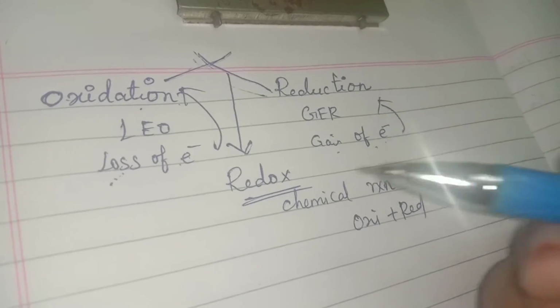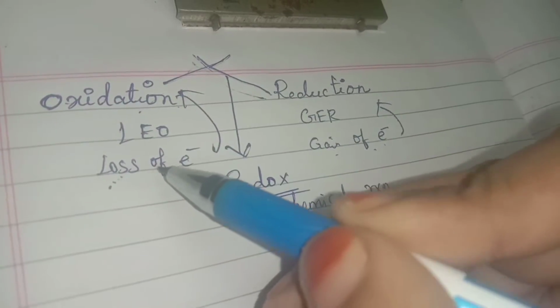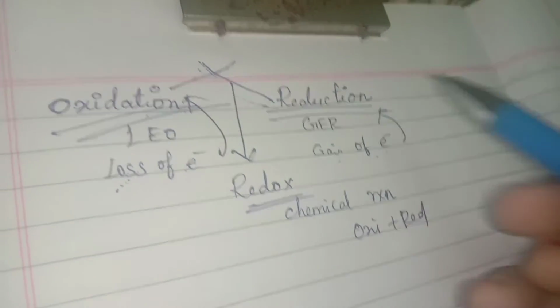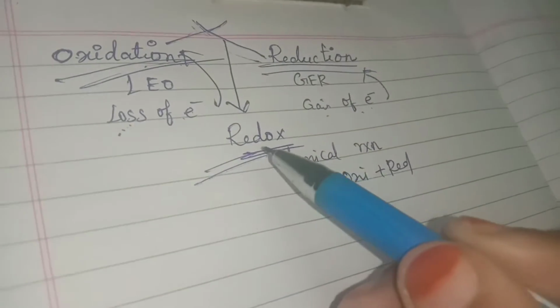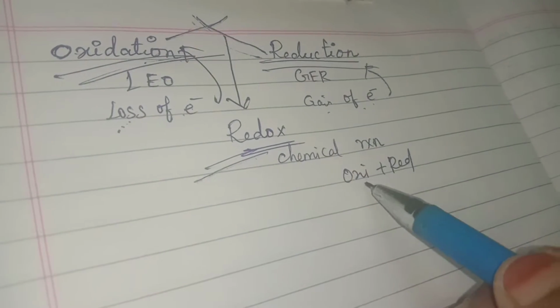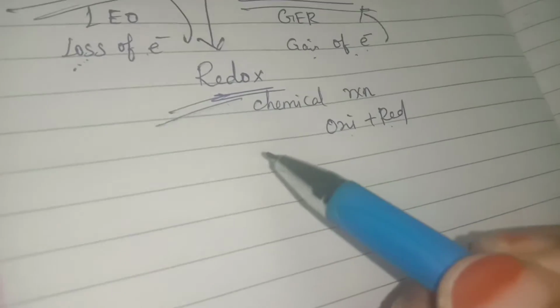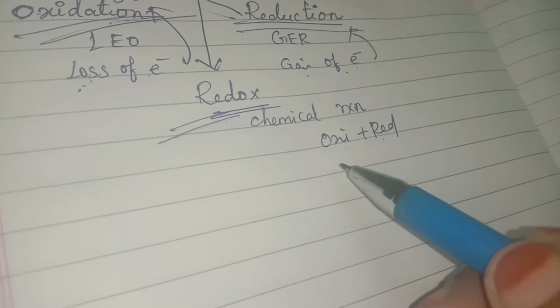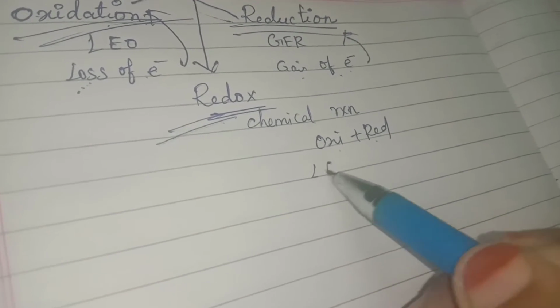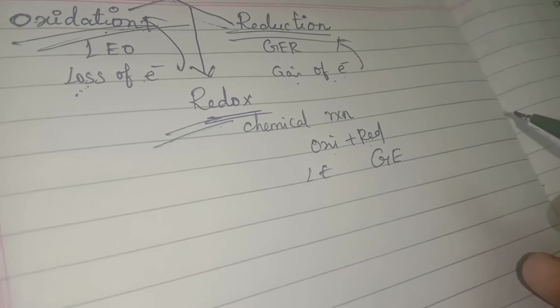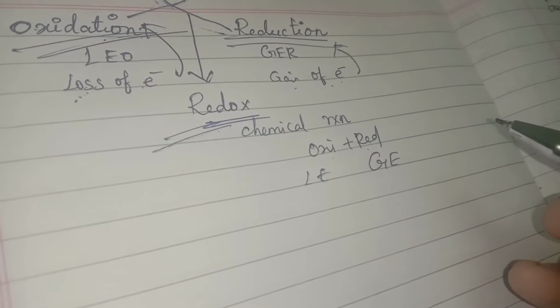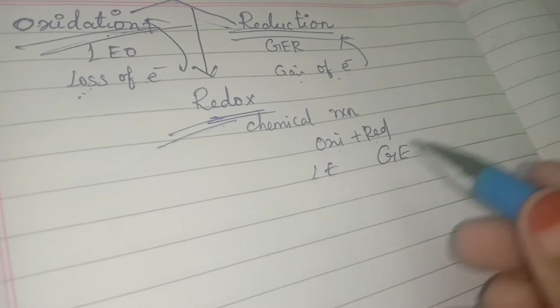In the previous video I gave an example for oxidation and reduction. Now I give the example for redox reaction. Oxidation means there will be a loss of electron, and reduction means there will be a gain of electron. So, examples for oxidation and redox reaction separately.